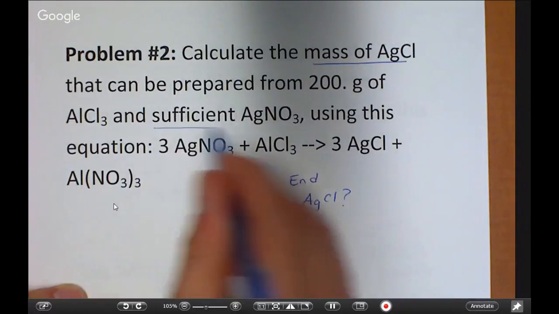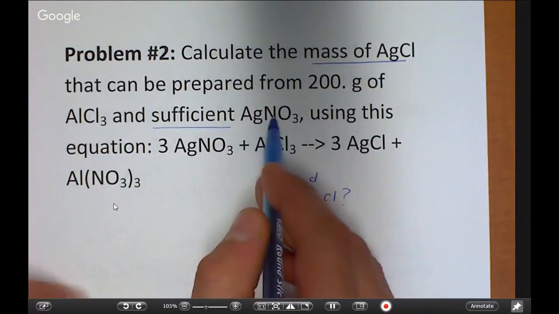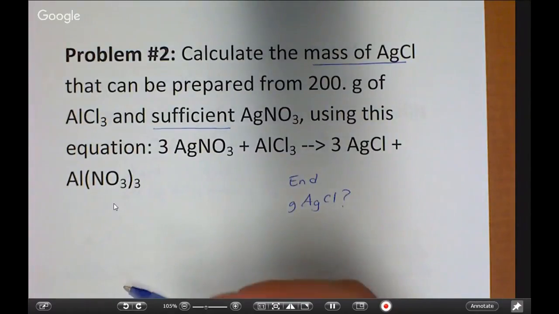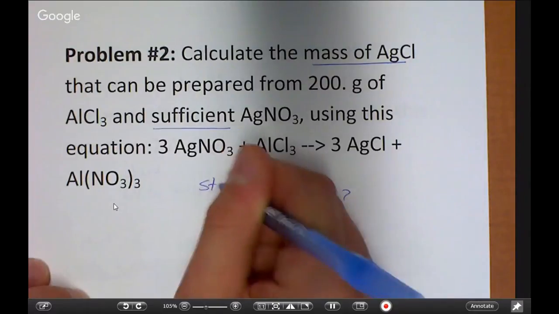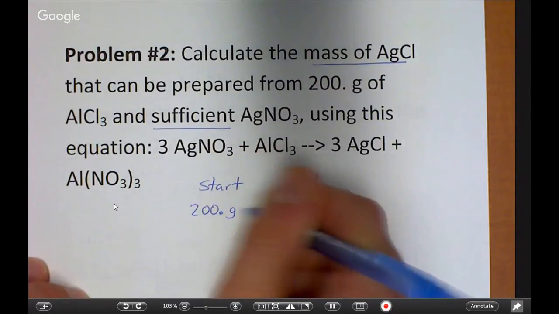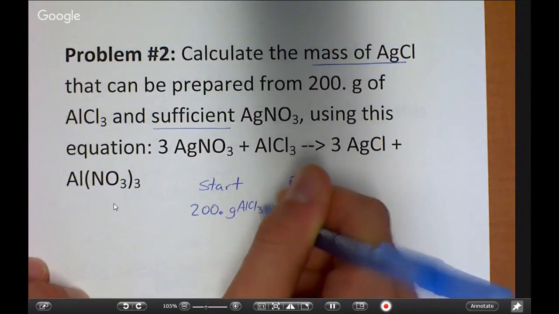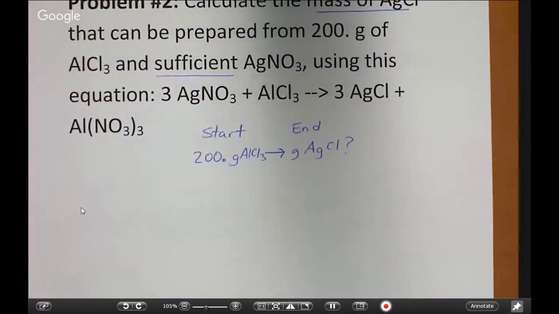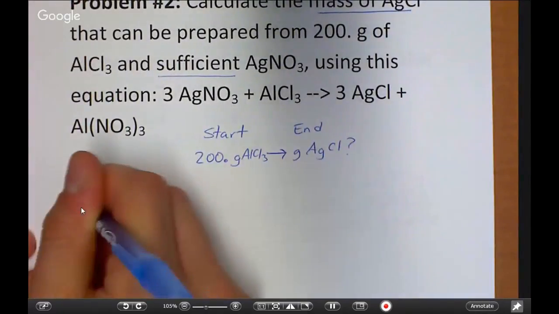The sufficient just tells us that there's enough of that material around. It's an excess, there's no number, so it doesn't affect our calculation or thought process now. So the start is 200 grams of aluminum chloride, and we want to find the grams of silver chloride. Our equation is balanced, so let's begin.